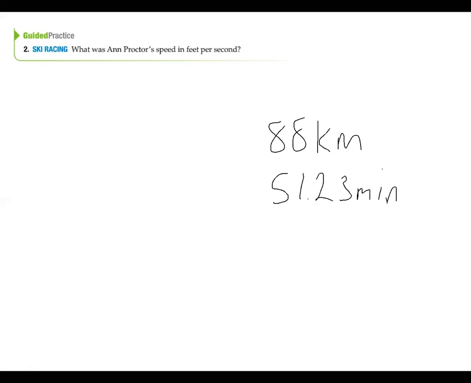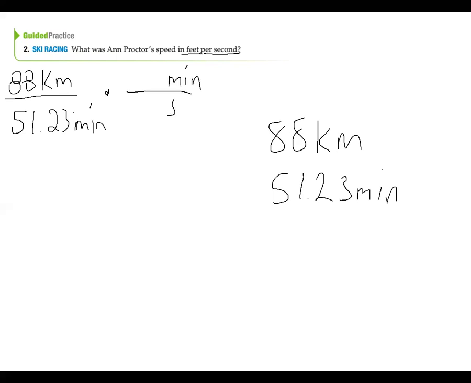All right, we're back. So we know that she went 88 kilometers in 51.23 minutes, and we want to go to feet per second. Well, I know there's 60 seconds in a minute, so if I want to convert minutes into seconds, I want the minutes to be up here and the seconds to be down here.